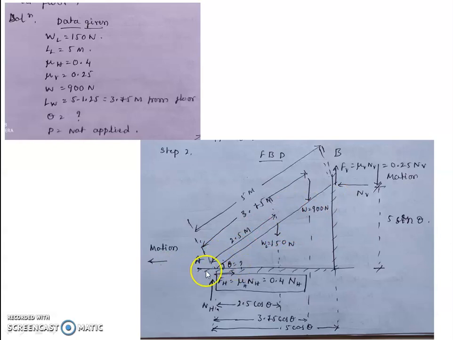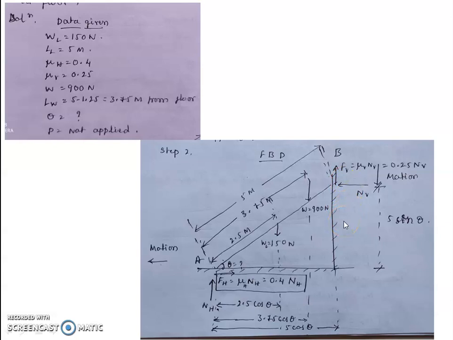For that, P is not applied in this problem. As earlier we used to find P, but in this problem P is not applied. It is standing by its own weight. When I place this 900 newton, the ladder just begins to slide down. That is, the motion at point A is towards the left side and at point B the motion is downwards.